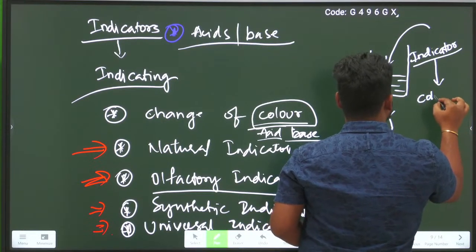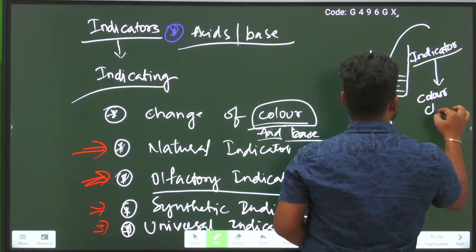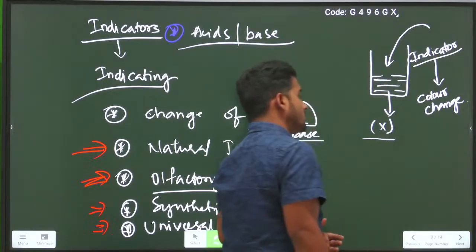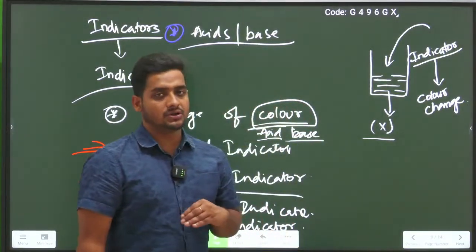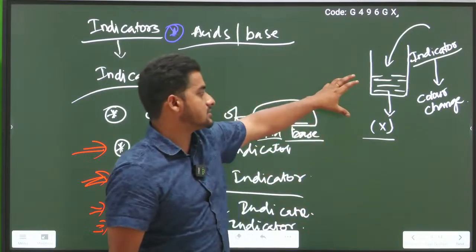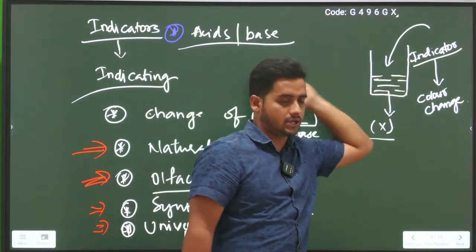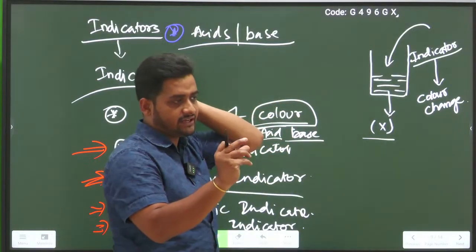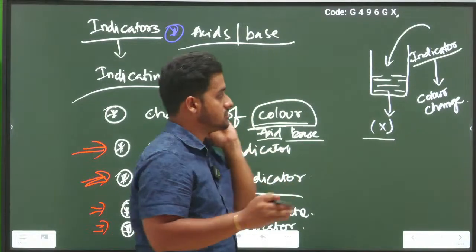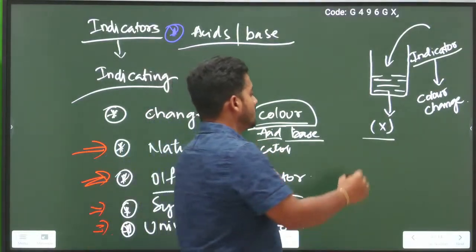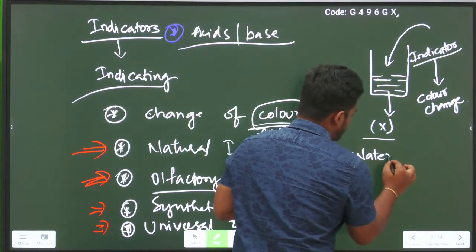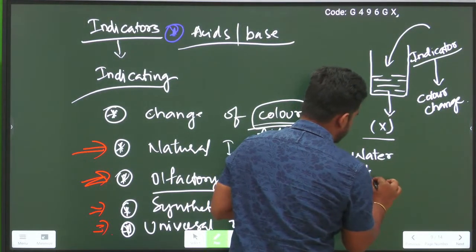There will be some color change. You should always remember that if you add an indicator to an X compound, it indicates whether it is an acid or a base, or neither of them. Take for example water. Water is colorless.